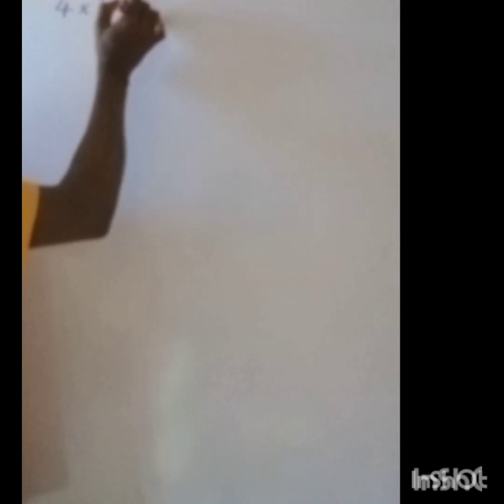Now we'll multiply equation 3 by 4 and equation 4 by 3, that is, the coefficients of y. So it will be 4 times 4x minus 3y equals 12, and then we'll also multiply equation 4 by 3.